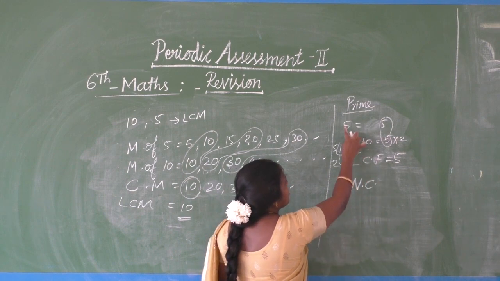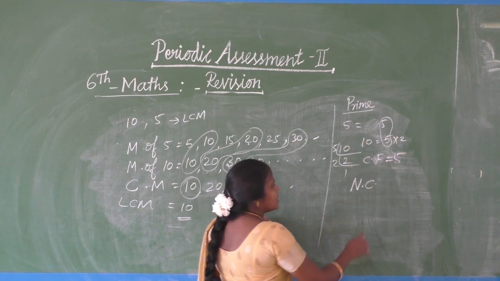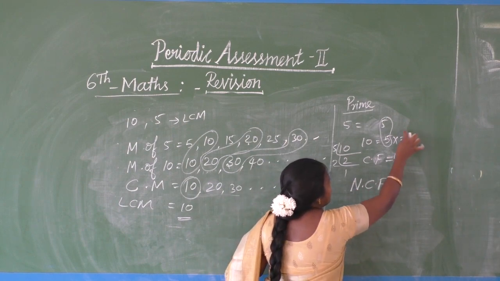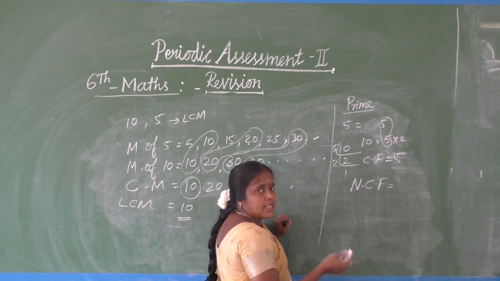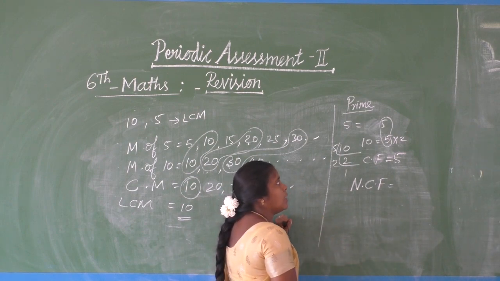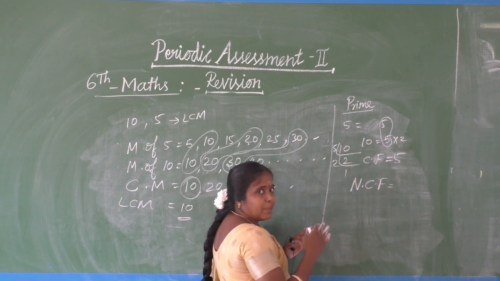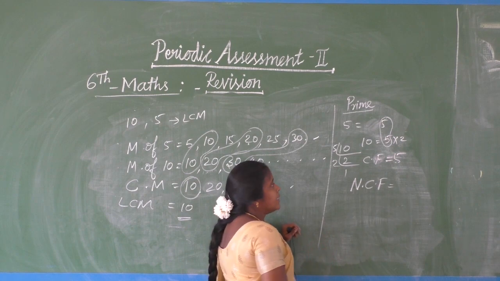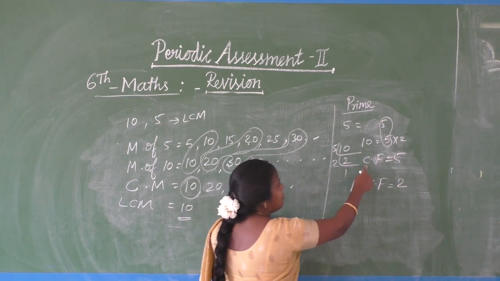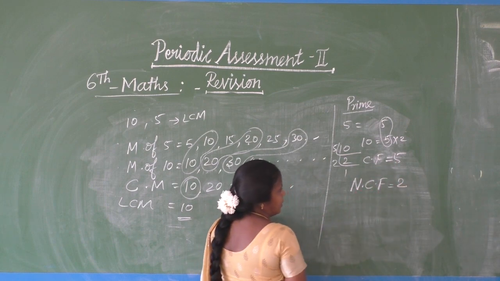Okay, so common factor of 5 and 10 is 5 only. What is called a non-common factor? Whichever comes without a pair is called a non-common factor. In that category, 2 is the remainder, without a pair, so it is called a non-common factor. So the common factor is 5 here, the non-common factor is 2 here.